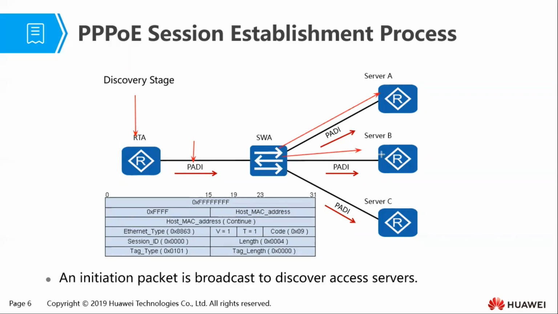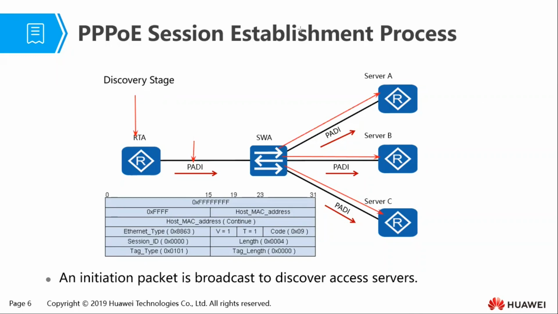Because your ISP is going to have several PPPoE servers at their site. So for example, servers A, B, C. And the reason why it's a broadcast is because different PPPoE servers might be offering different sets of services. So that's why you make your PADI a broadcast.